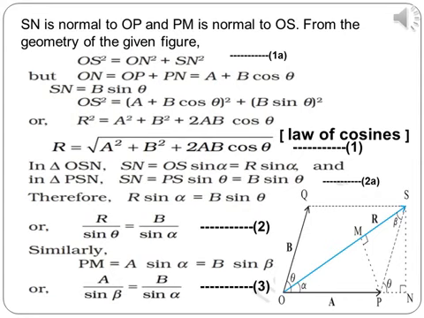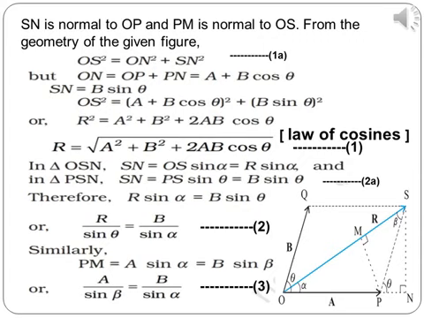As the LHS of these expressions are equal, then their RHS also should be equal. So it can be written as R sin alpha is equal to B sin theta, then R by sin theta is equal to B divided by sin alpha, which is the expression 2. Similarly, we have considered two right triangles PMO and PMS.